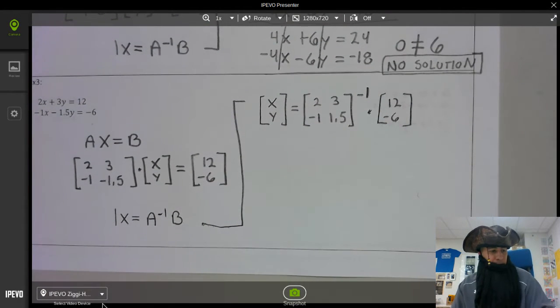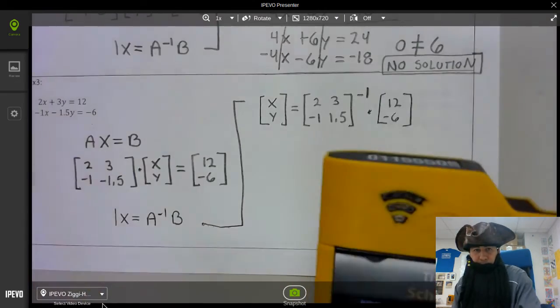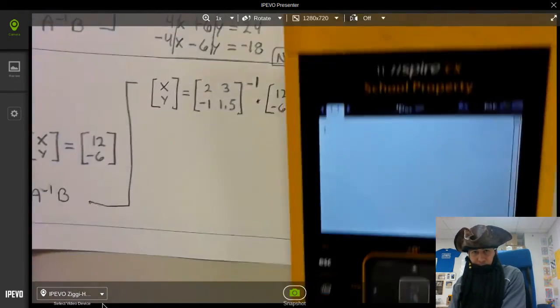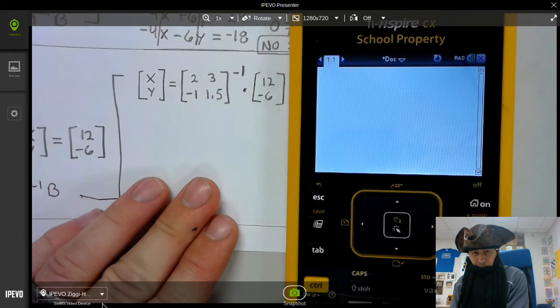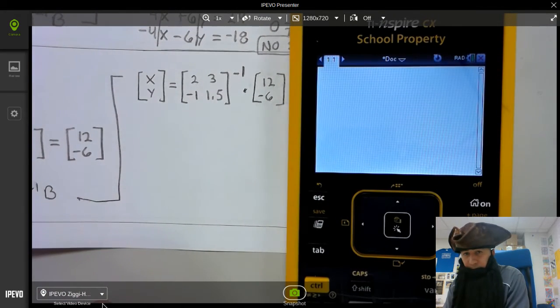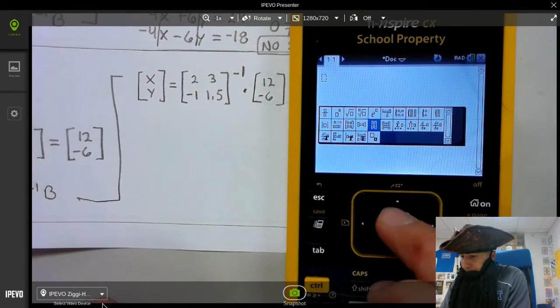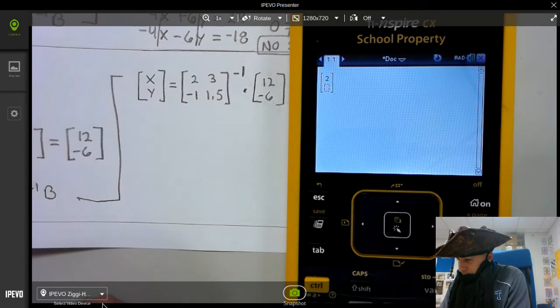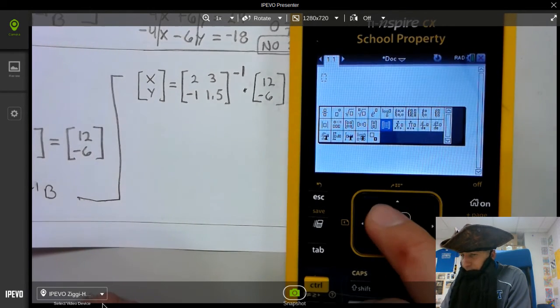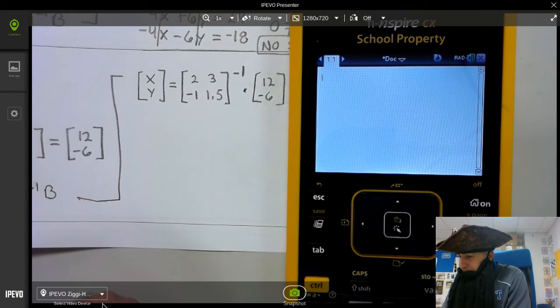All right, and then again, we use the calculator. So to the button to the right of 9, 2, oh, wait a second. Button next to 9. There we go, that's the right button.